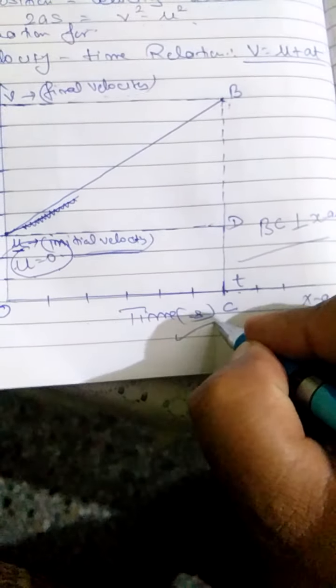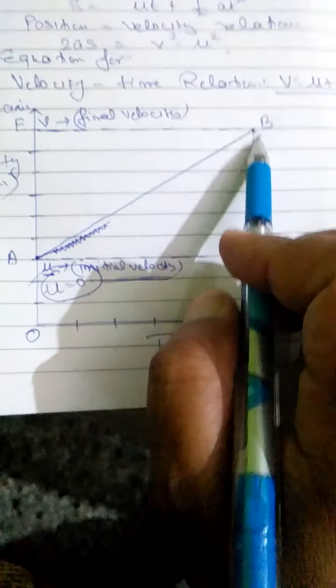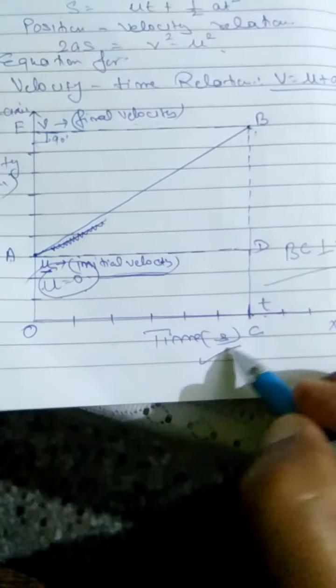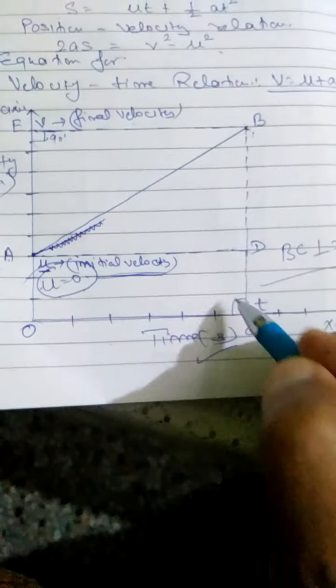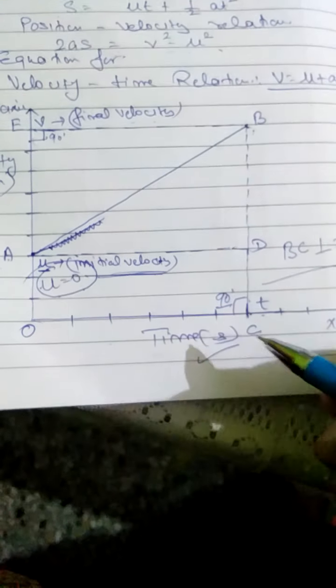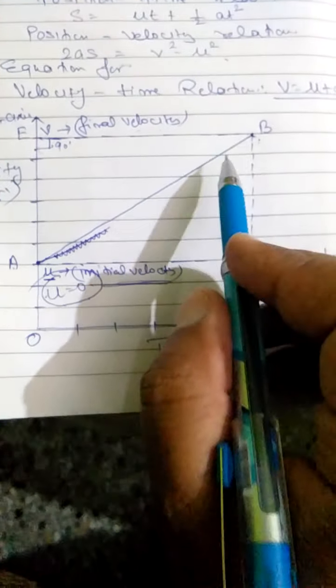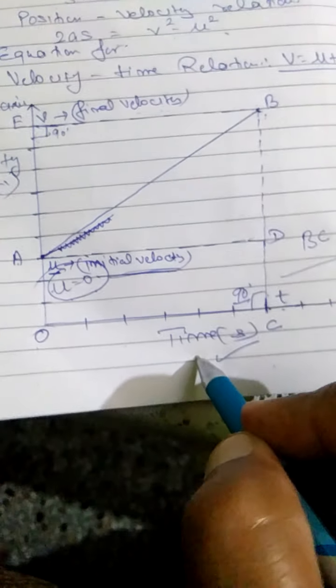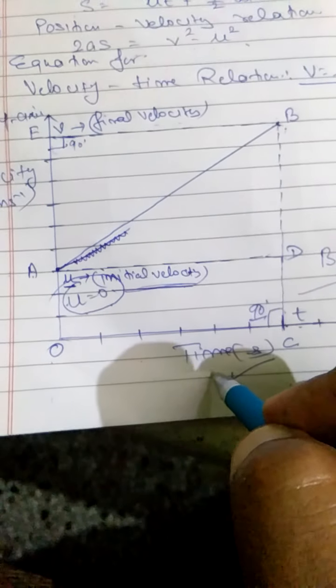Okay beta, and from point B we will draw the perpendicular, that is perpendicular means it makes an angle of 90 degrees here, and also from here. BE is perpendicular on the y-axis, that is the velocity axis, and BC is perpendicular to the x-axis, that is the time axis. Clear beta?